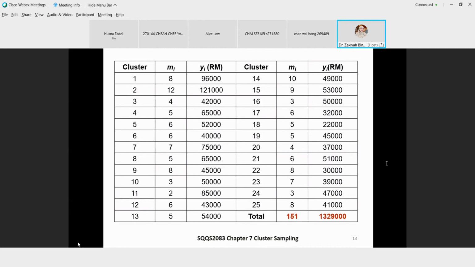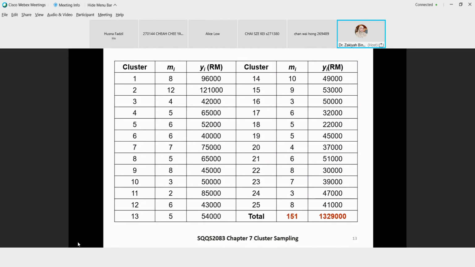Did anybody verify the numbers here? Not enough time, is it? I gave you the slide so late, I'm so sorry. For the next chapter I will give it much earlier. Thanks a lot for verifying the numbers. Good. 151 and 1329000 is also correct.